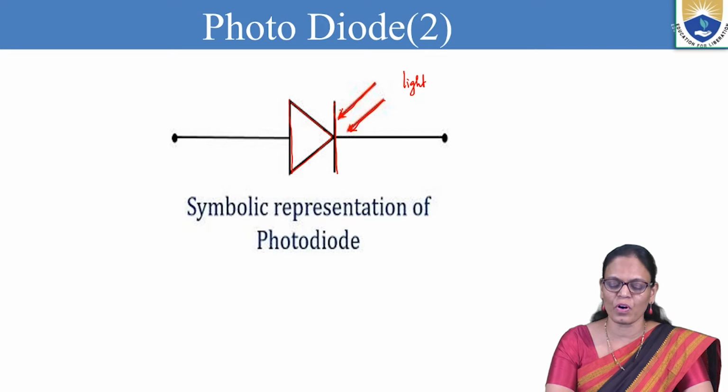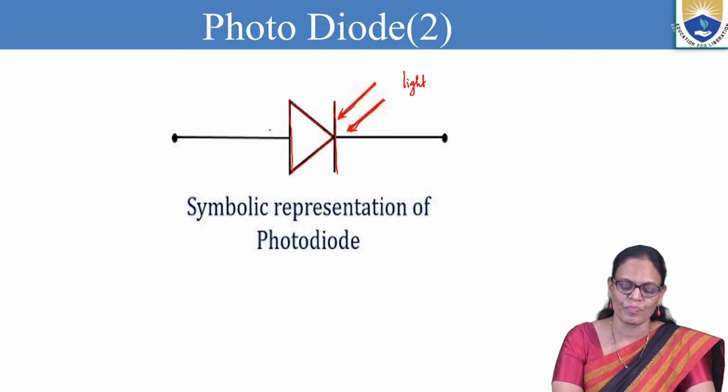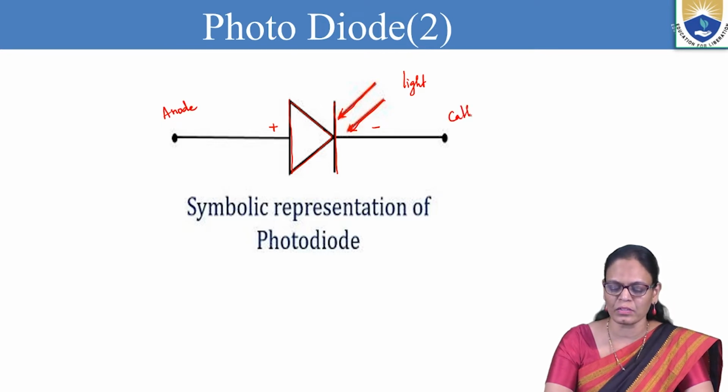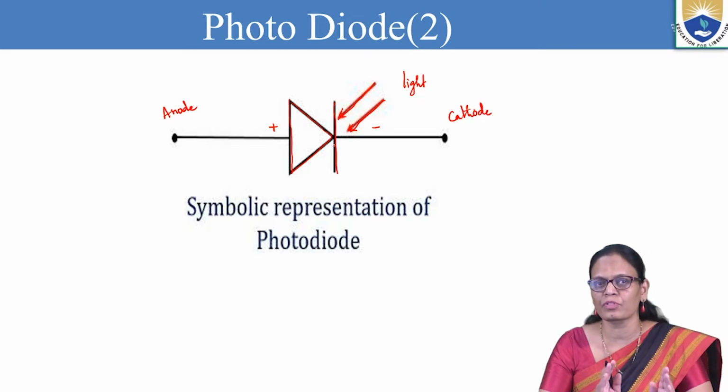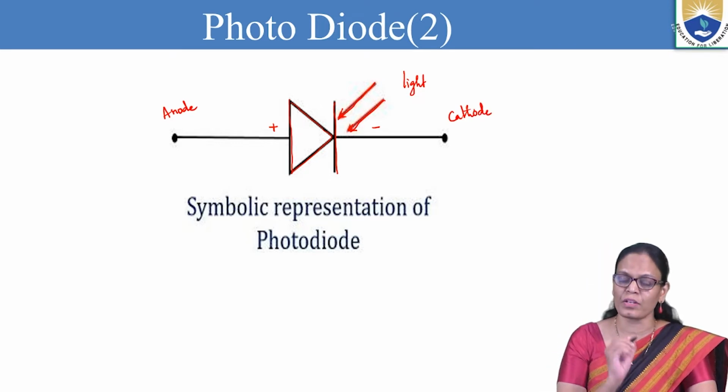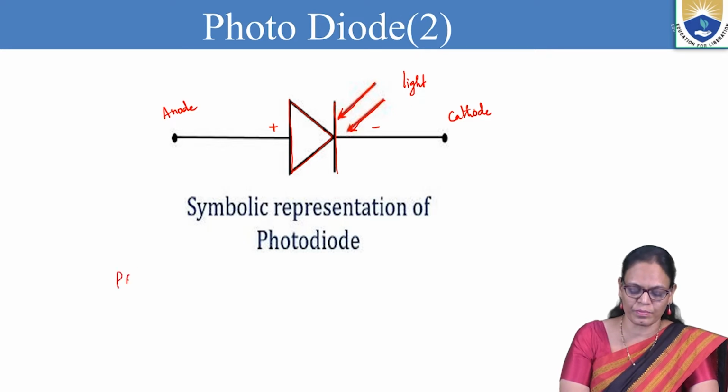When light falls on the junction, it is getting converted to electrical energy. This side is always positive and this is negative. So we say this terminal is connected to the anode and this terminal is connected to the cathode. This is the symbol. We always have to remember the symbol. If you see a normal PN junction diode, we are just talking about a junction diode or a PN junction diode.